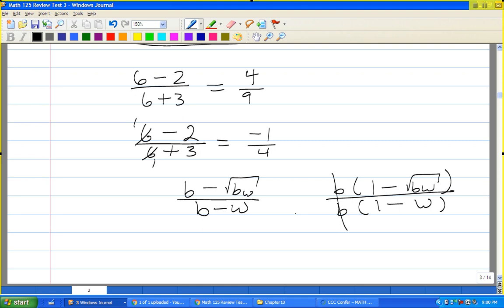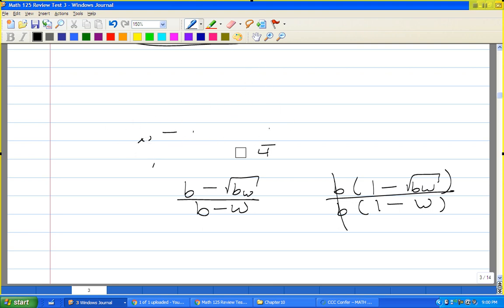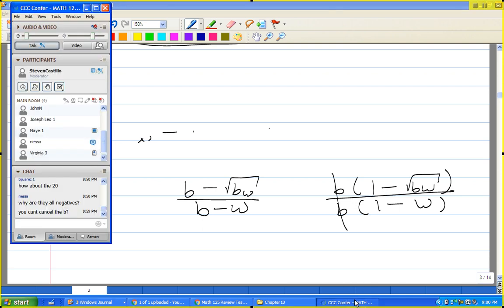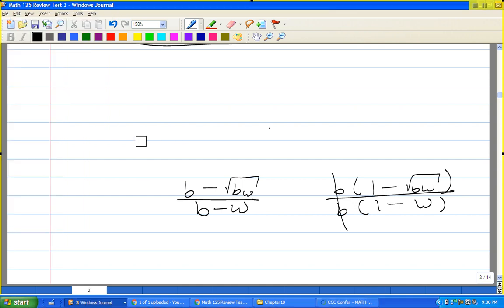And so somehow you've factored out the B from both the numerator and denominator. Okay, so did that answer your question? So you cannot cancel the B's. That is correct. Okay, good.